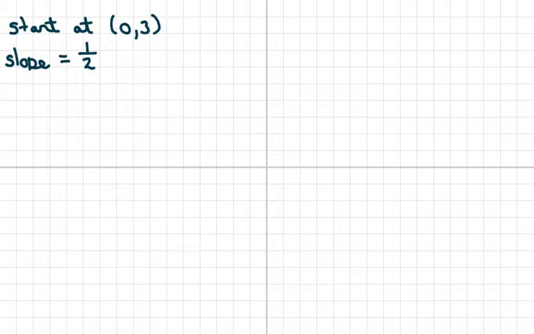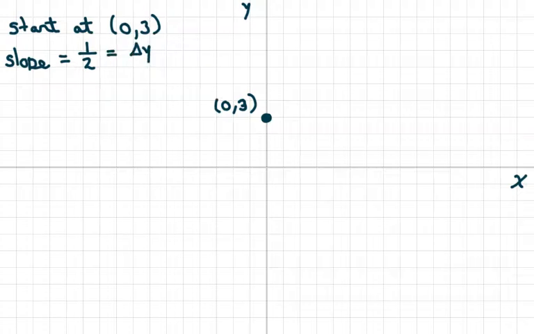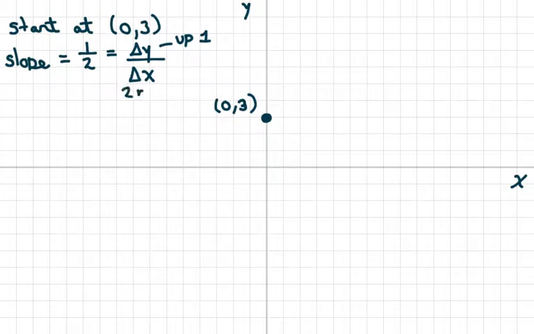So I start at 0, 3, nowhere left or right, 3 up on the y-axis. Here's x, here's y. Slope is change in y over change in x. This is a positive 1/2. So that 1 says I'm going to go up 1 and 2 to the right.